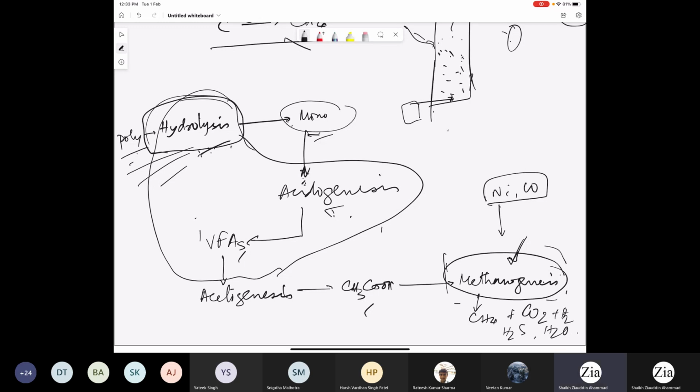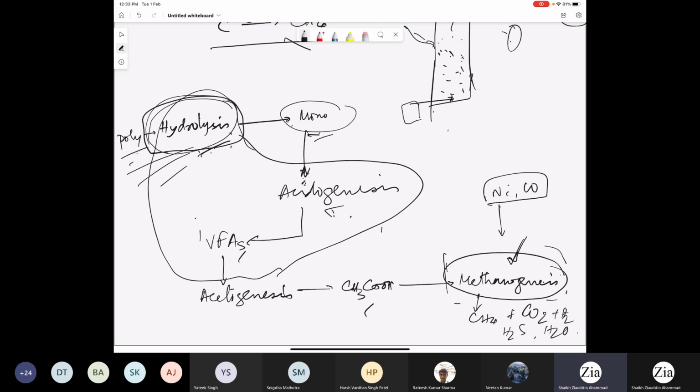So in those environments, they always try to raise the temperature of the reactor to get a good hydrolysis rate, and then subsequently all other processes will also have a reasonably good conversion. Methanogens are quite susceptible to pH and temperature.